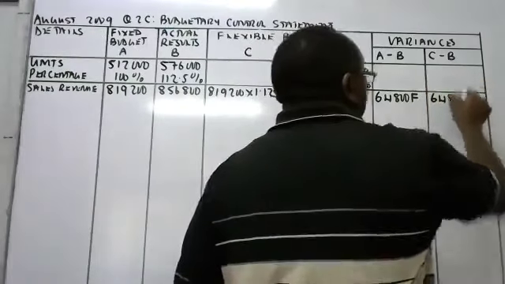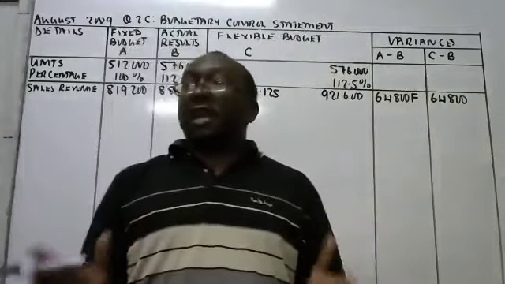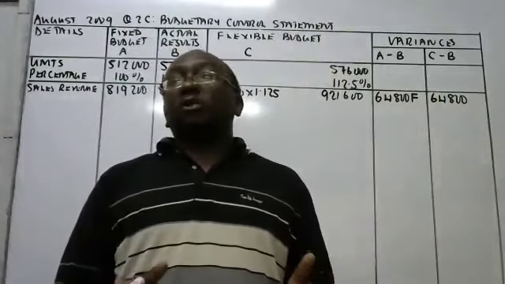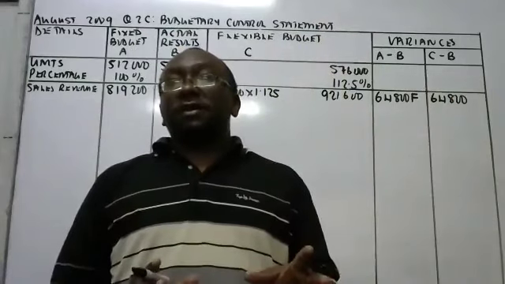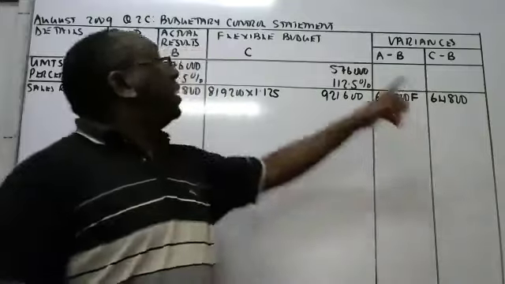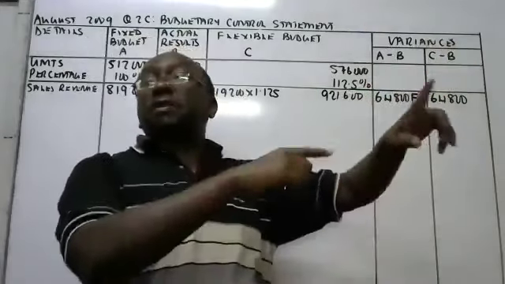I said when we began that these variances can either be positive or negative. But when you are interpreting, it has nothing to do with whether it is positive or negative, because you can rearrange the components of the formula. So when I write C minus B here, it doesn't always have to be like that. It can also be B minus C.